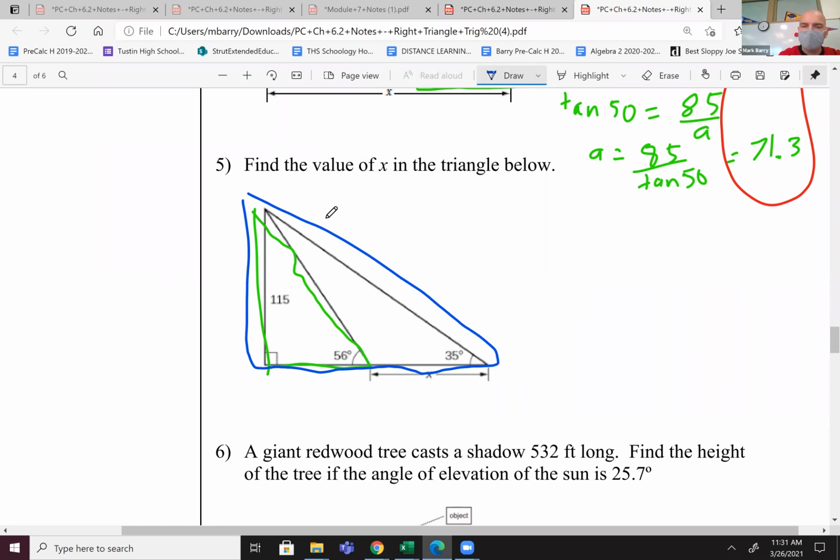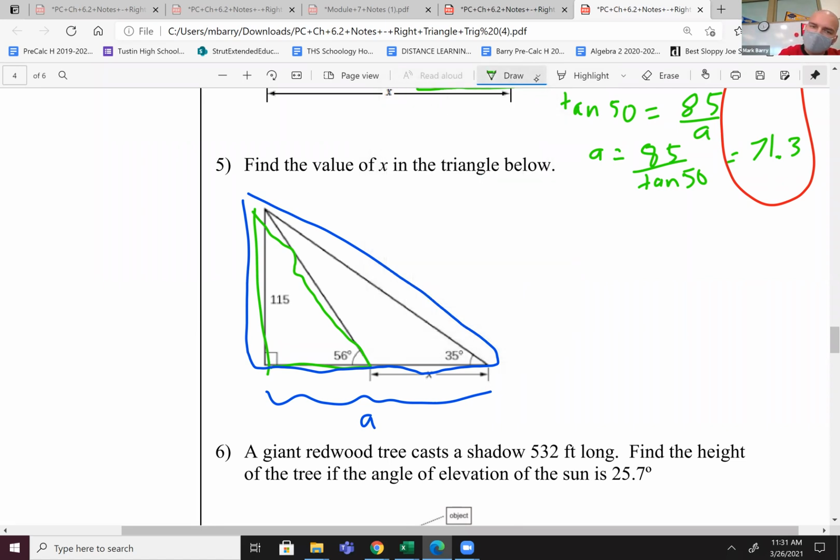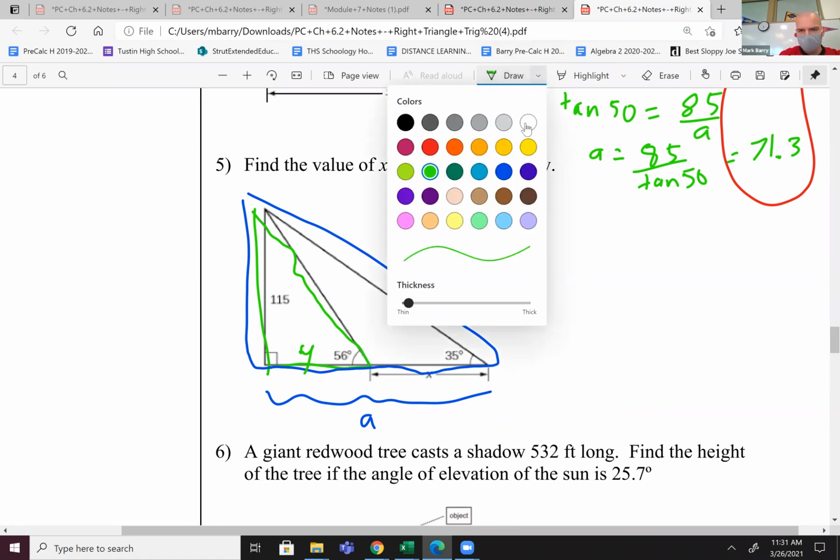Okay. So what I'm going to do is I'm going to call this big side A down here, that side on the bottom triangle, on the big triangle. And I'm going to call this side on the green triangle, I'll call it Y. So then I can kind of see here, I think I'm going to be able to find A and Y. And so what's the relationship with A, Y, and X?